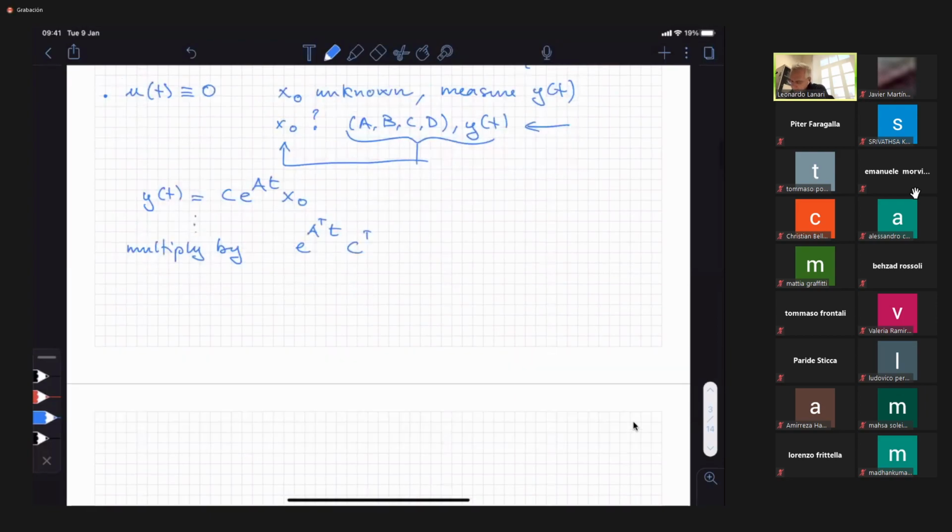So this would lead to e to the A transpose t C transpose y of t equal to e to the A transpose t C transpose C e to the At x0. And then we could integrate from 0 to T bar.